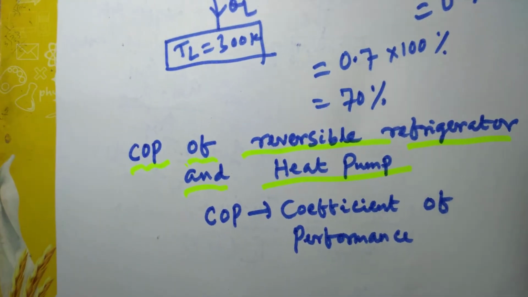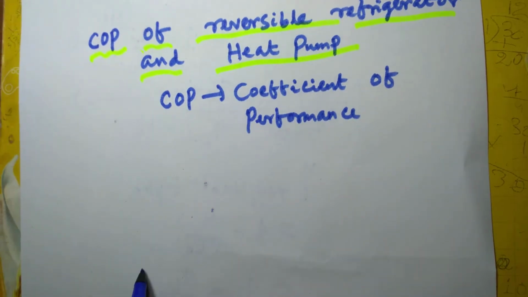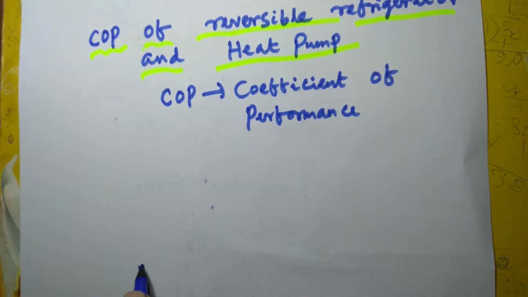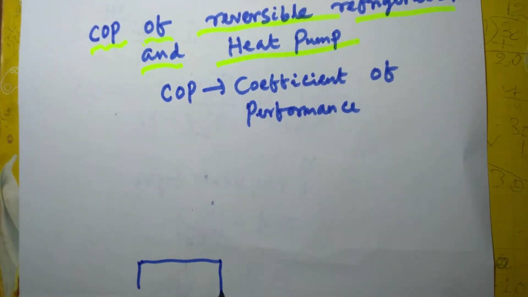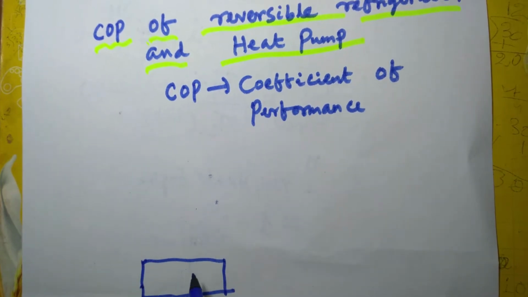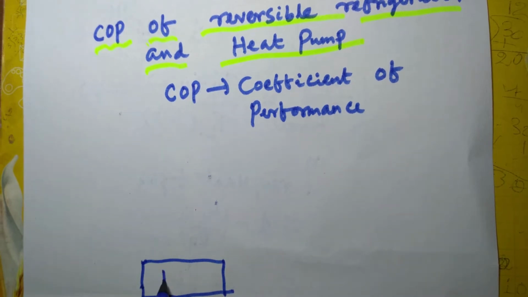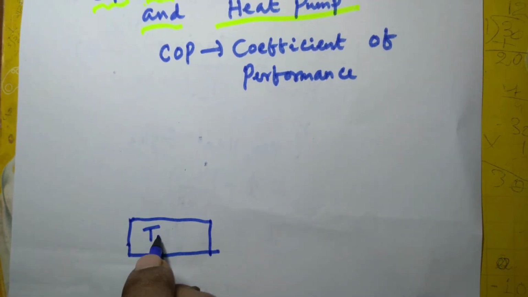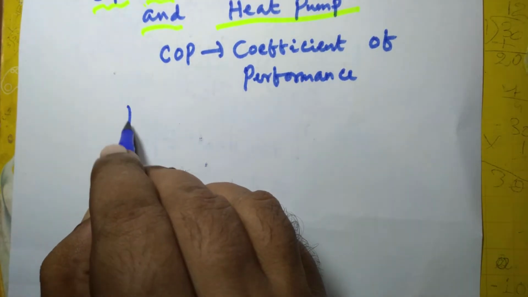We know that a refrigerator maintains the temperature of a space, a refrigerated space, at a level lower than the temperature of the surrounding. Suppose the temperature of this cold space is TL, which is less than the surrounding temperature.